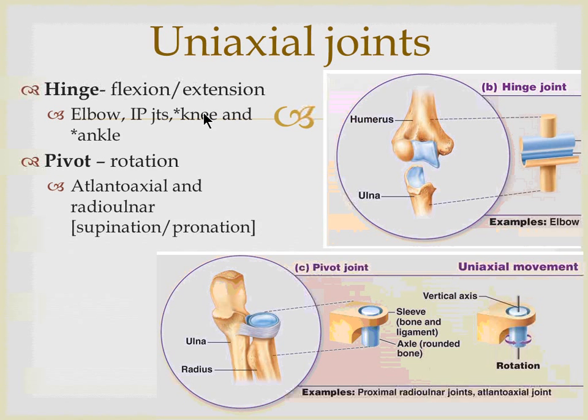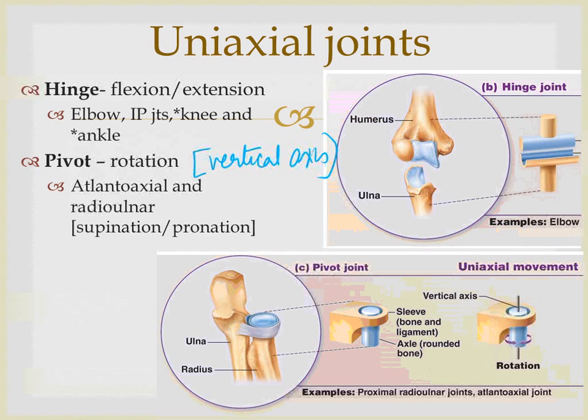The pivot joint is also an example of a uniaxial joint, but here the movement it allows is rotation, which occurs along which axis? Vertical axis. Remember that ice skater, right through the center, that's how she's rotating, spinning around. Pivot joint is a vertical axis. The movement is rotation.